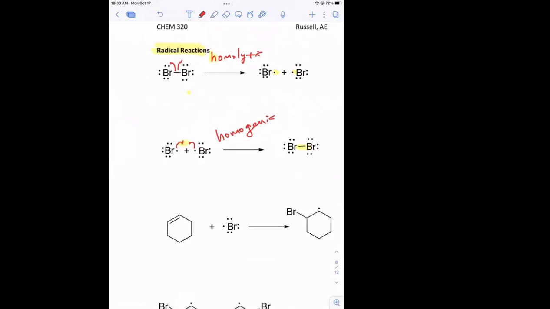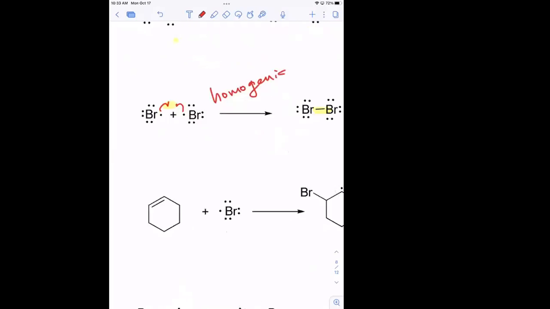That's why when we first started this section, I started it off talking about both processes, polar and radical. We did polar first, and then radical, so we can get the terminology out of the way. All right, what happened here?